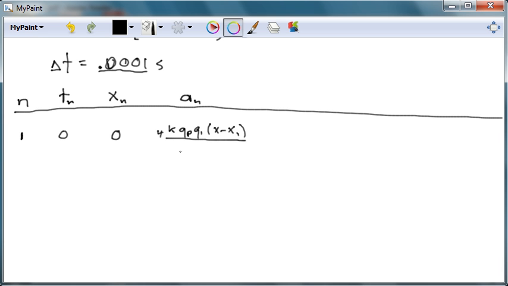That's why we're able to use that factor of 4, times all divided by x minus x1 squared plus y1 squared, all to the 3/2.